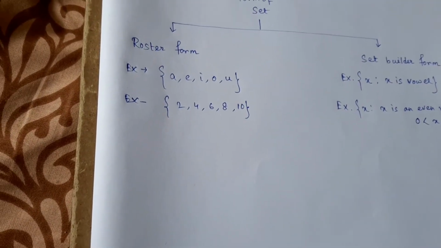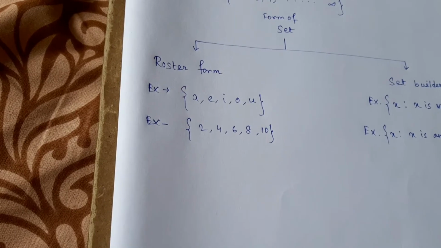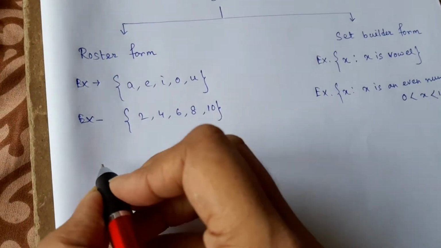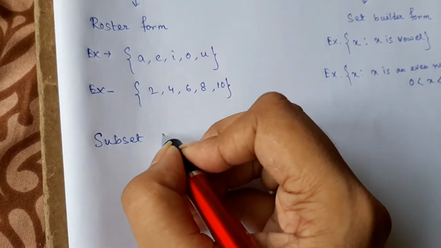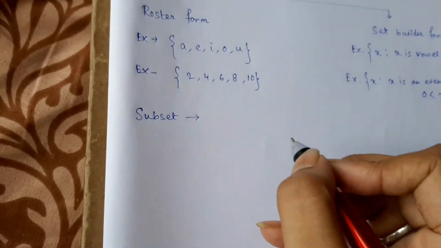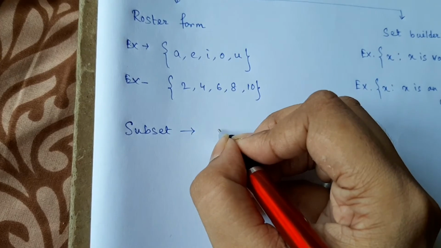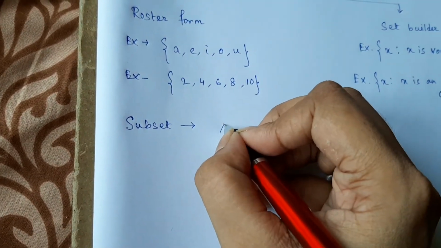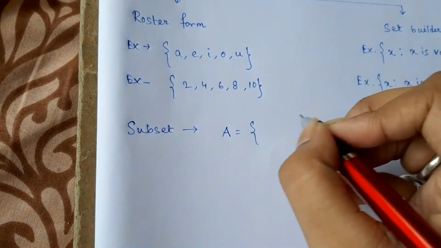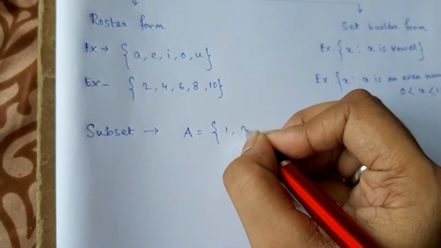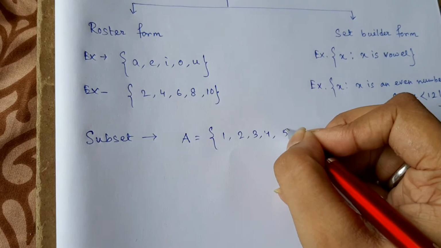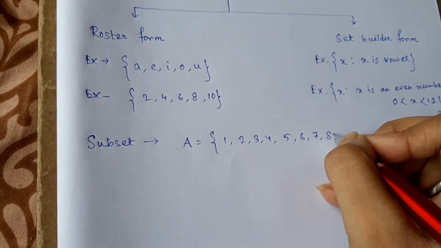Now next, subset. What is a subset? We take an example. A is a set which contains some elements: 1, 2, 3, 4, 5, 6, 7, 8.